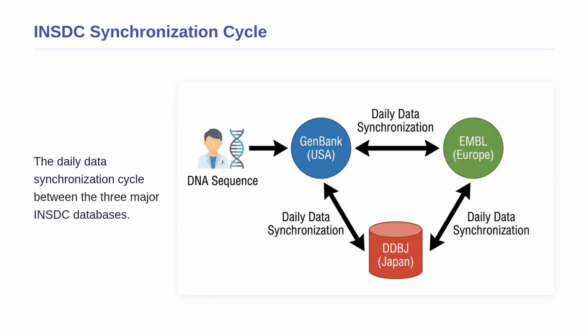The thick double-headed arrows connecting them represent the daily data synchronization. This means that if a scientist, shown on the left, uploads a new DNA sequence to GenBank today, that exact same sequence will be copied to EMBL and DDBJ by tomorrow. This continuous cycle guarantees that the global web of biological knowledge remains unified and up to date.